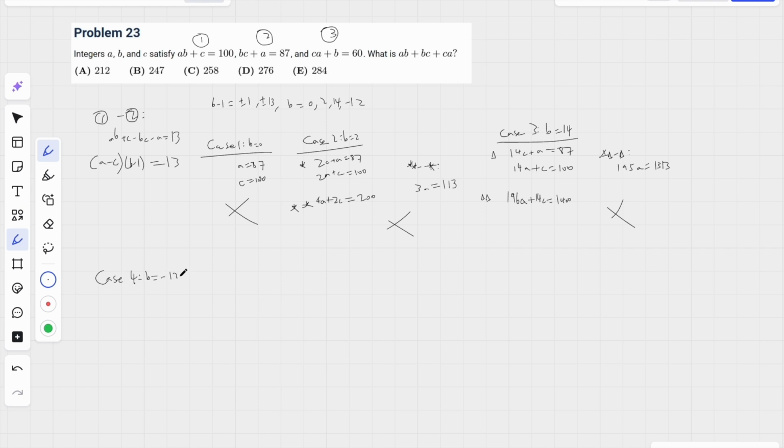b equals negative 12. Here we have negative 12c plus a equals 87, and negative 12a plus c equals 100. If we multiply the second equation by 12, we get negative 144a plus 12c equals 1200.